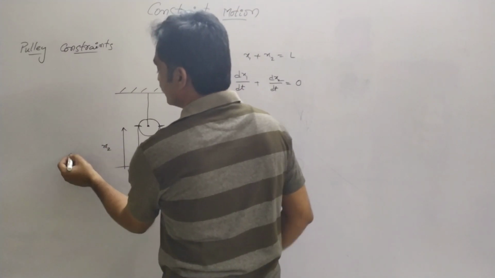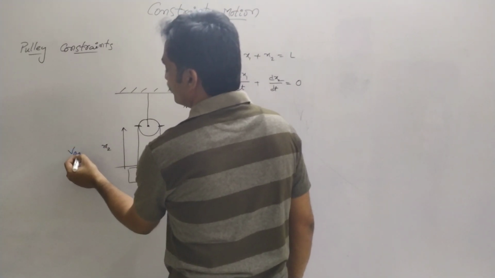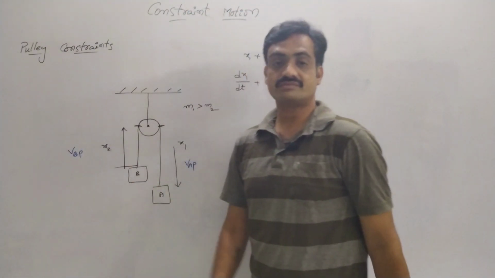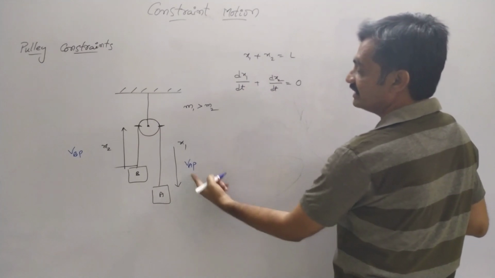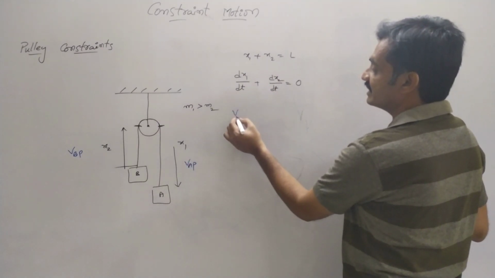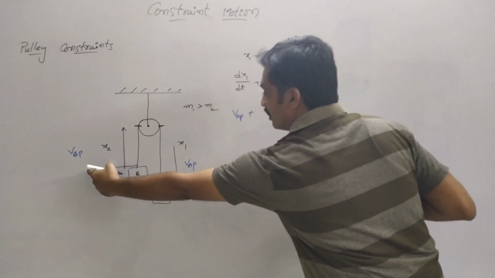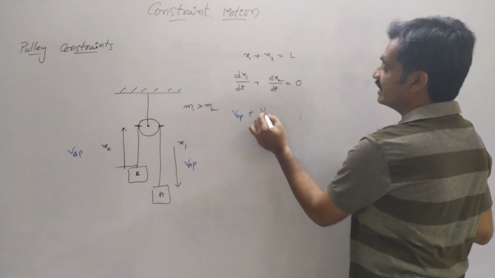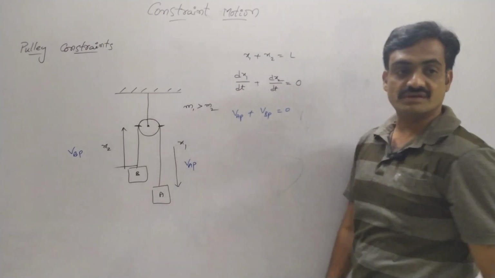And we represent the velocity of block B as the velocity of block B with respect to the pulley. Now if I substitute these values, dx1 by dt is nothing but the velocity of block A with respect to the pulley plus the velocity of block B with respect to the pulley, which is equal to 0.